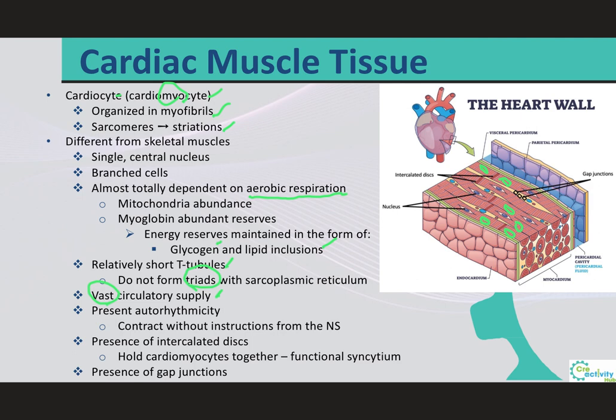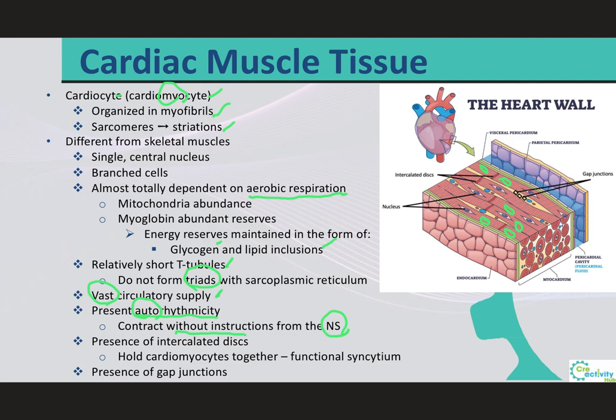Then we can say that cardiomyocytes contract without instructions from the nervous system, and this function is referred to as autorhythmicity, meaning that their contraction rhythm is going to be auto-generated, and we will definitely talk more about this in the next module.